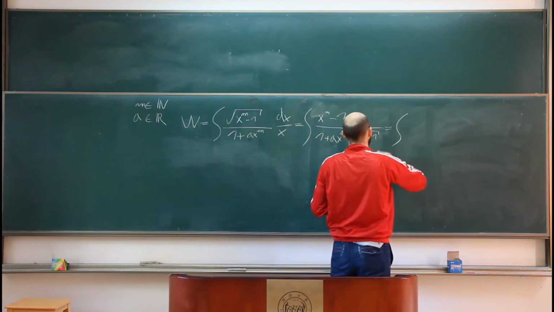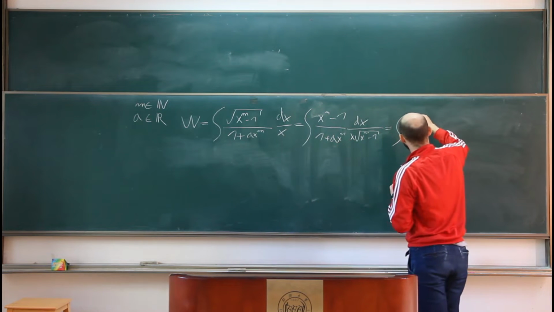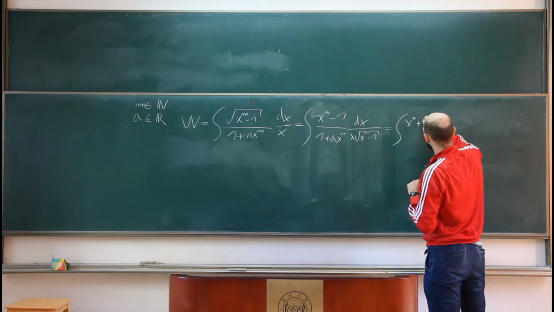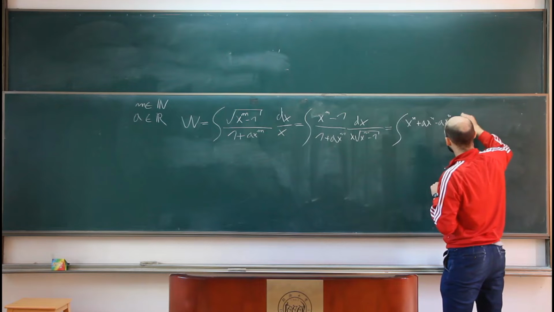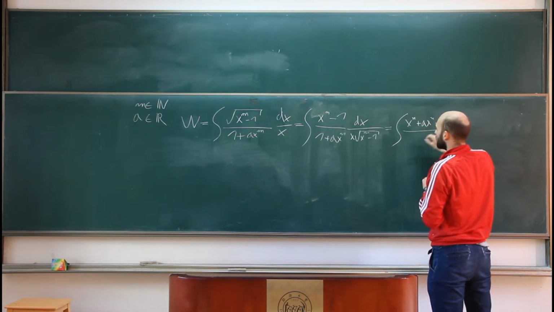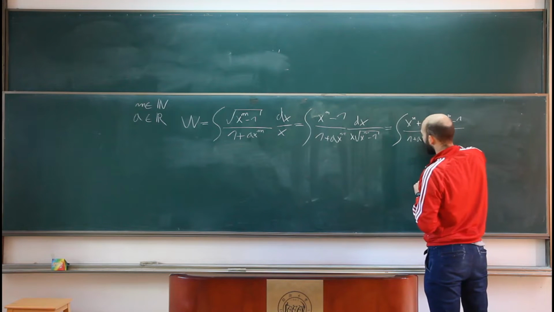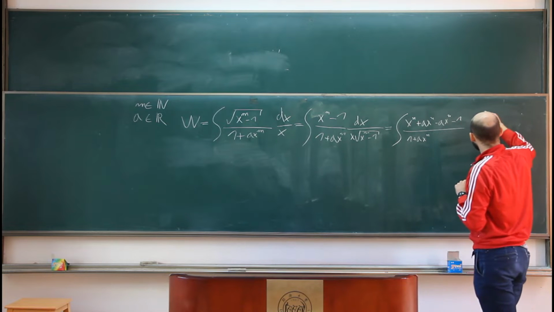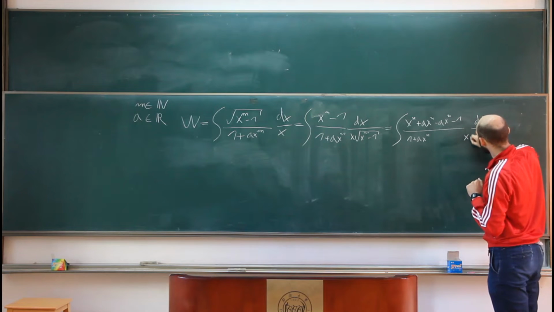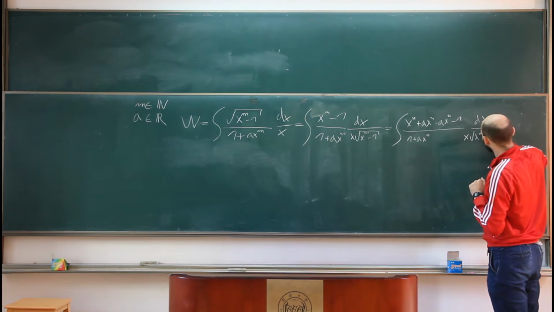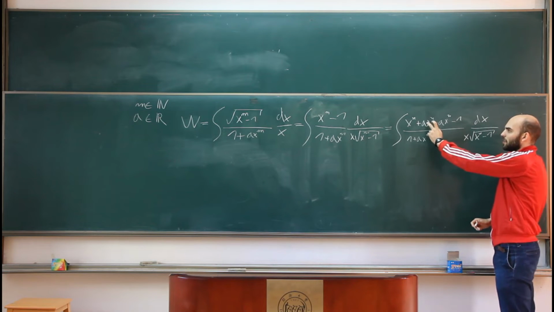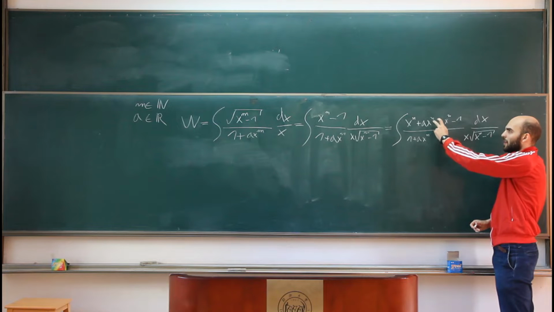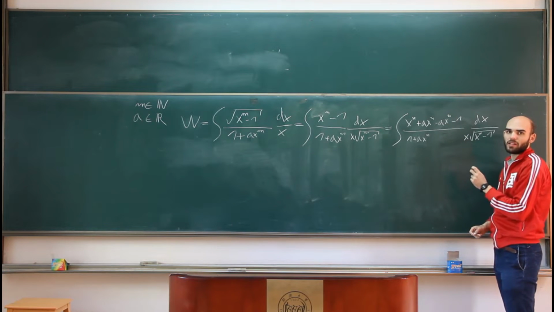And now the next step is really crucial. So what I'm doing now is I just added a times x to the power of n and just subtract it as well.